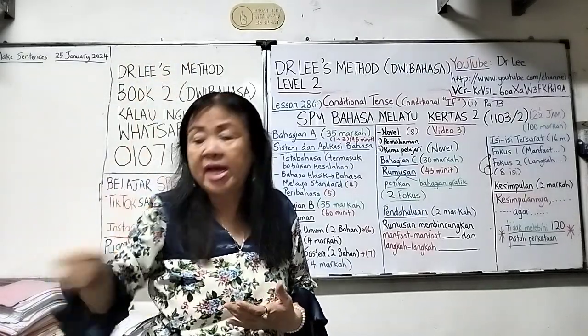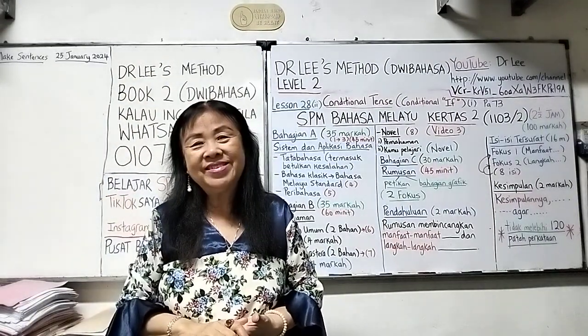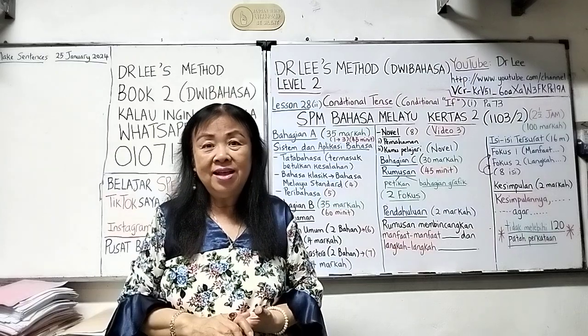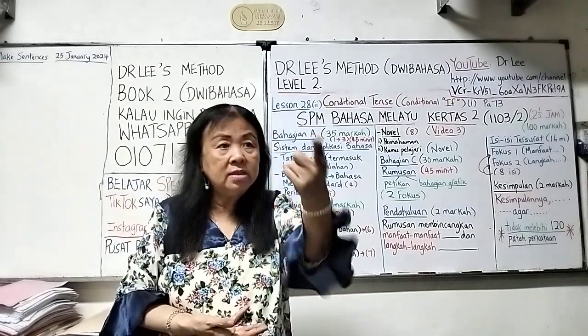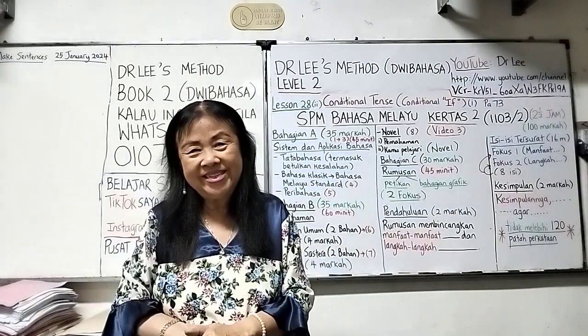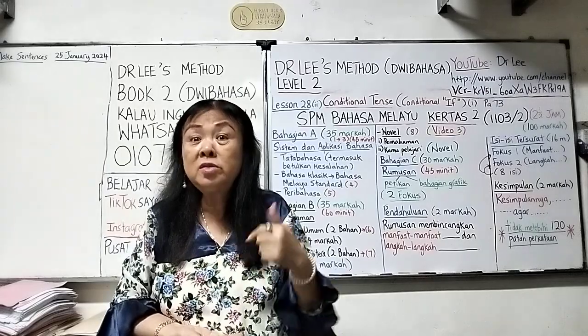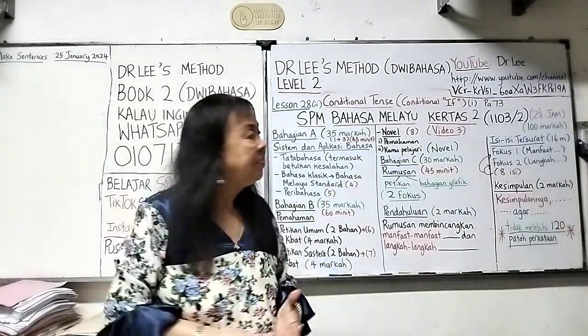You just find the answer and write it down. What is the difficulty? What is so difficult? So you don't start to panic. My state is not doing this. How am I going to answer? Well, the answer is there. Just find the answer and write it down. What is so difficult? So you see the importance of what I'm telling you today. So you don't panic, you don't worry.